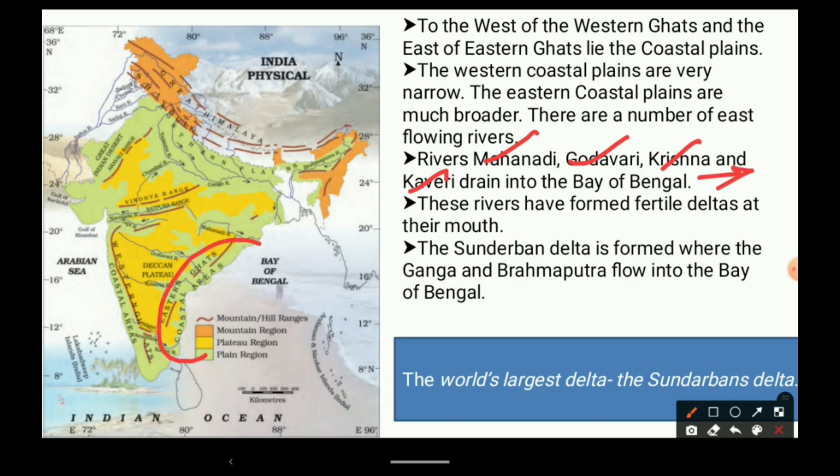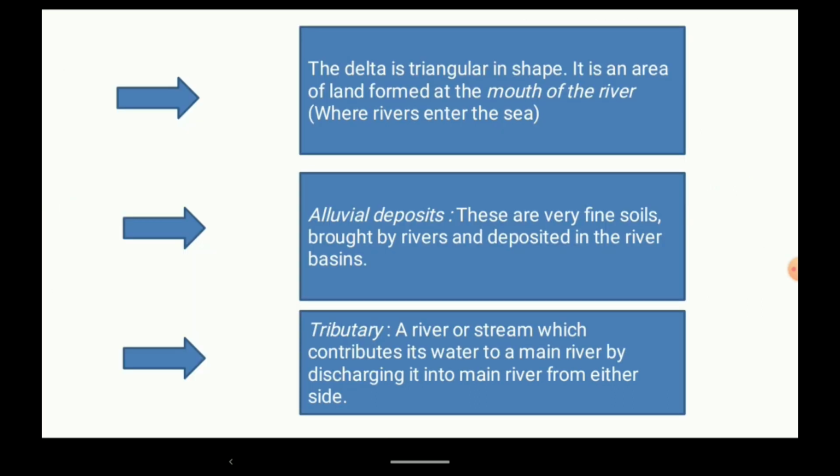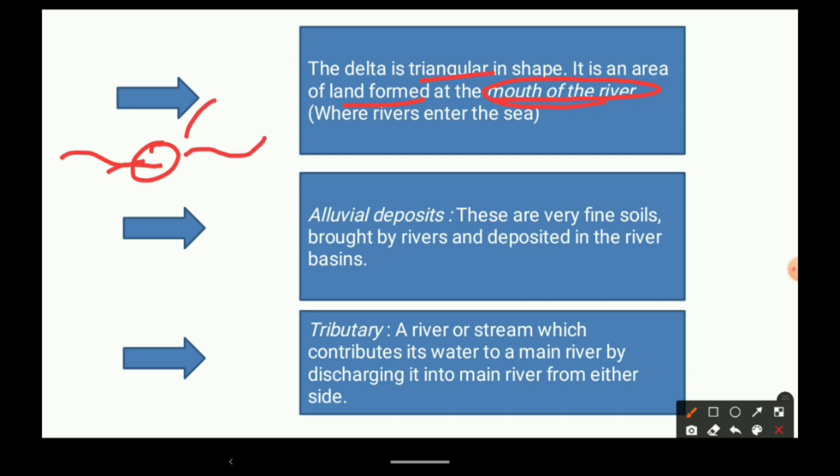They form deltas. What is meant by a delta? A delta is triangular in shape, and it is an area of land formed at the mouth of a river. The mouth of a river is nothing but the point where the river enters the sea.